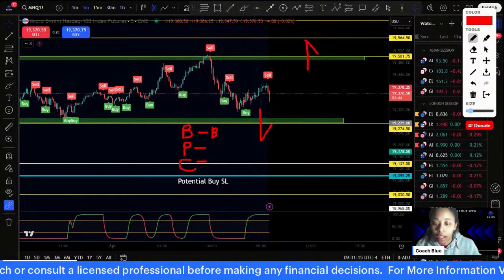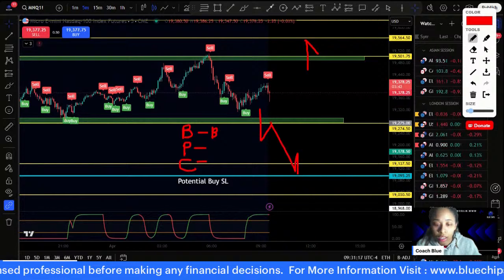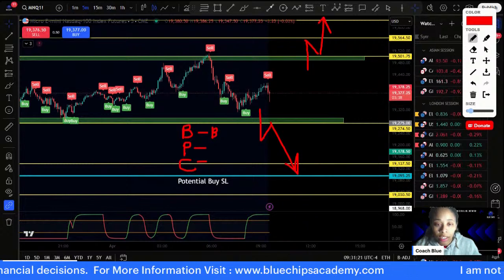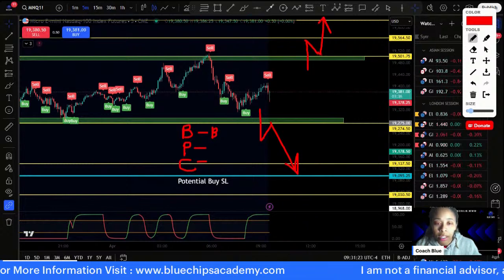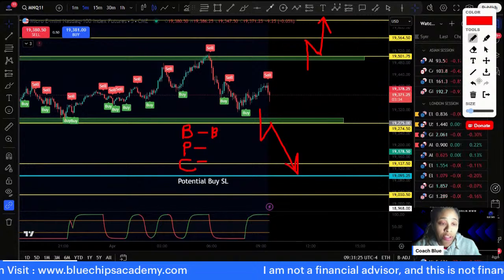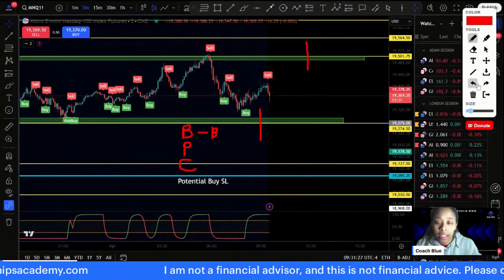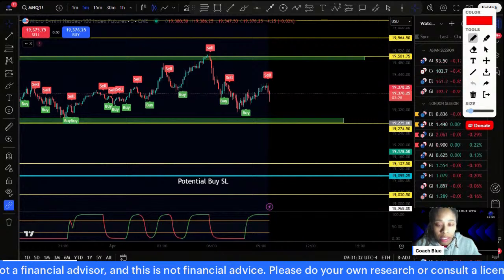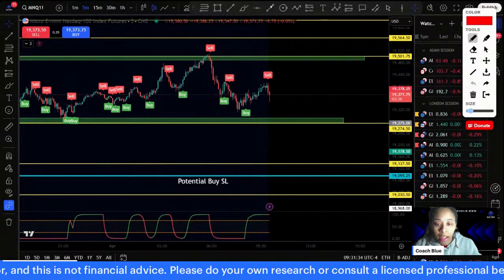And continuation, where it continues to the downside or continues to the upside. The continuation is our final confirmation to actually get into the trade.